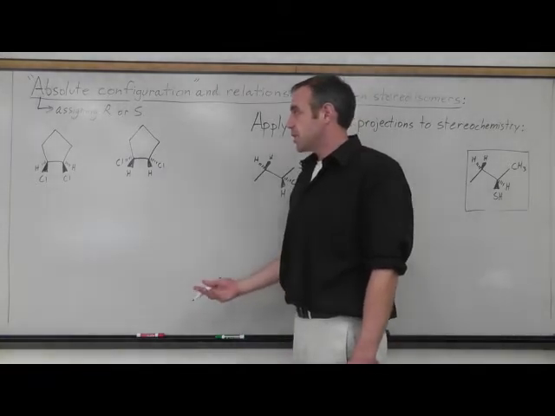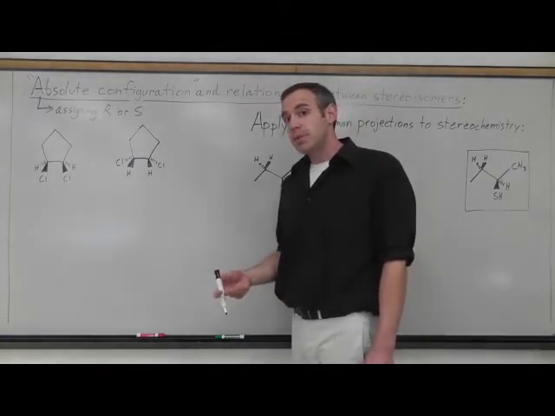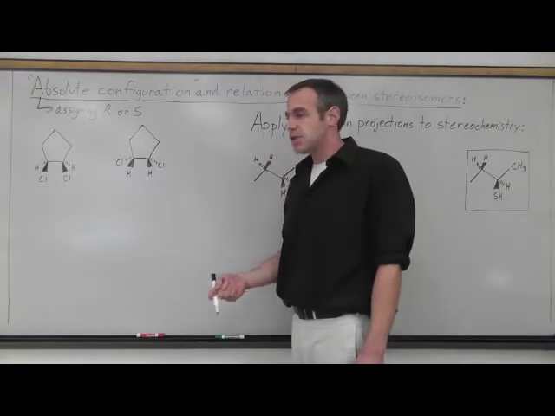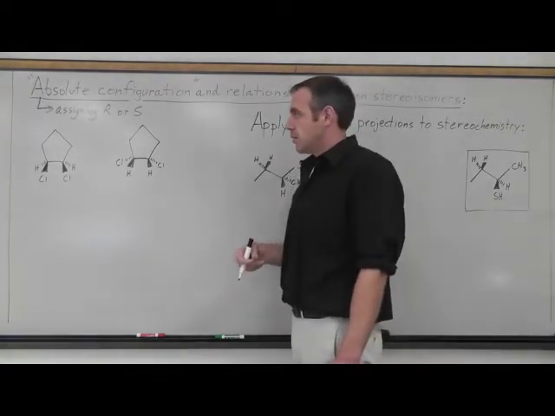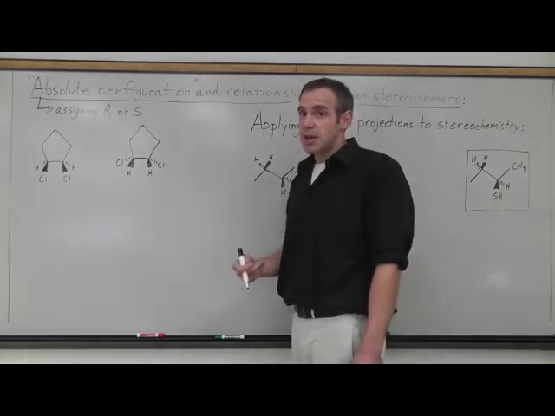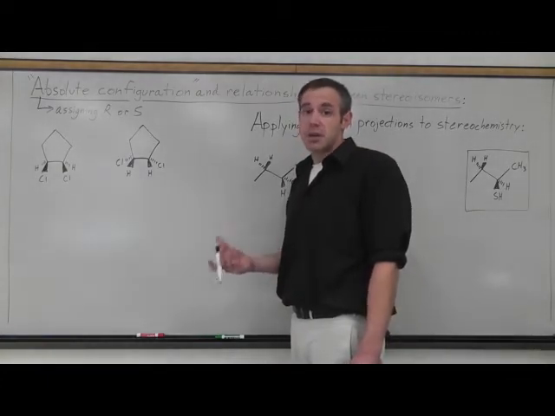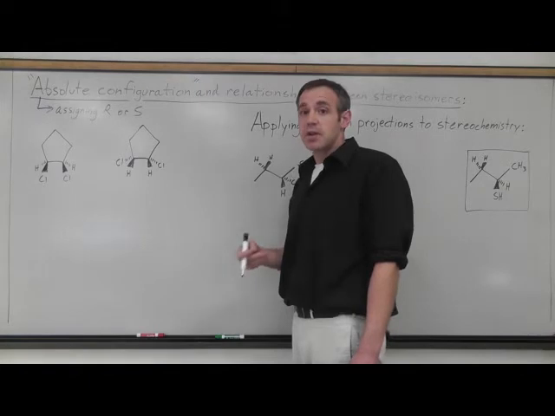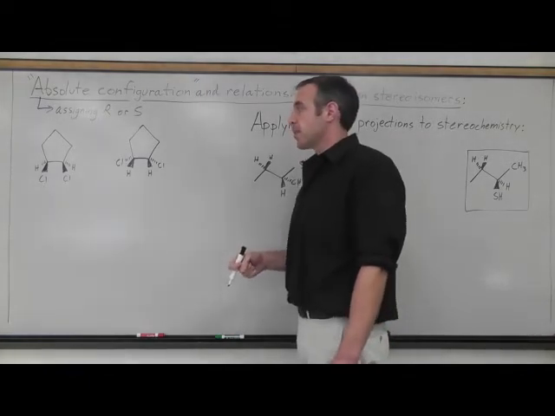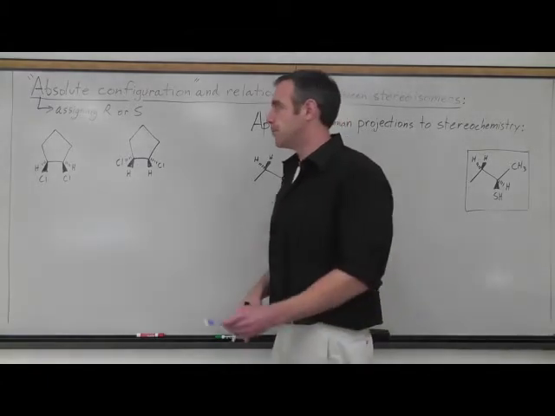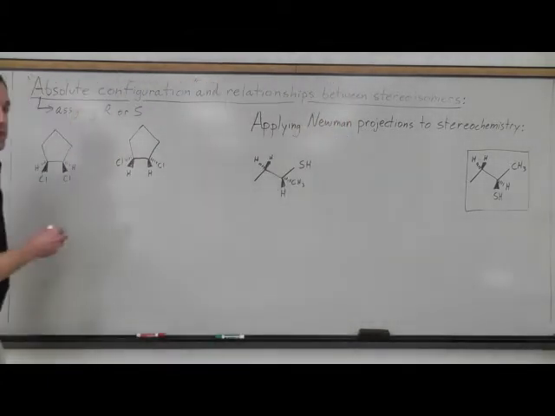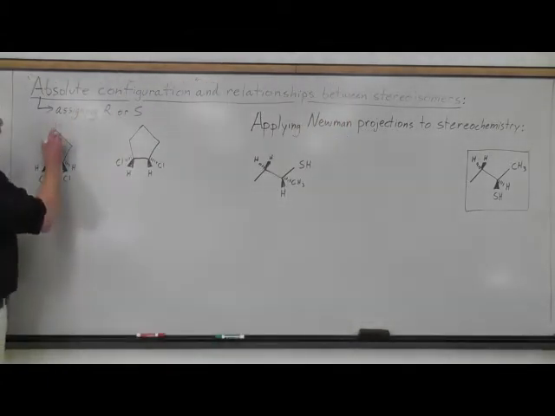Now, of course, it turns out when you build the model that these are not true enantiomers, even though we did switch both stereocenters. These are not enantiomers because, although they are mirror images of one another, they are superimposable. The reason for this is because the molecule itself has symmetry. And so there's an internal mirror plane.